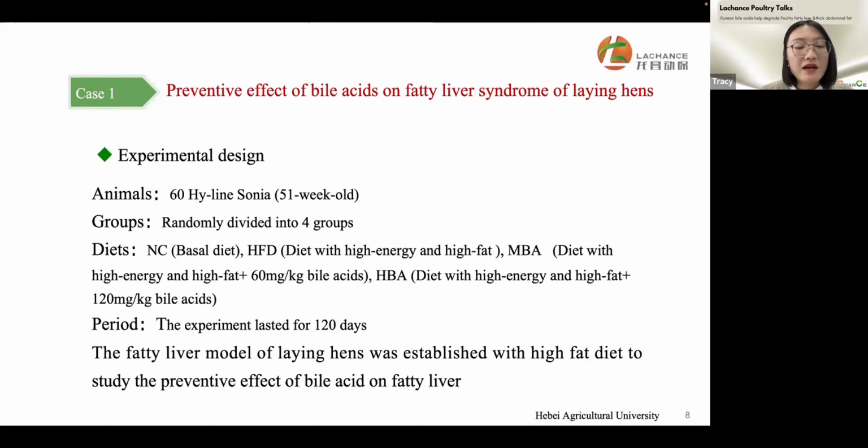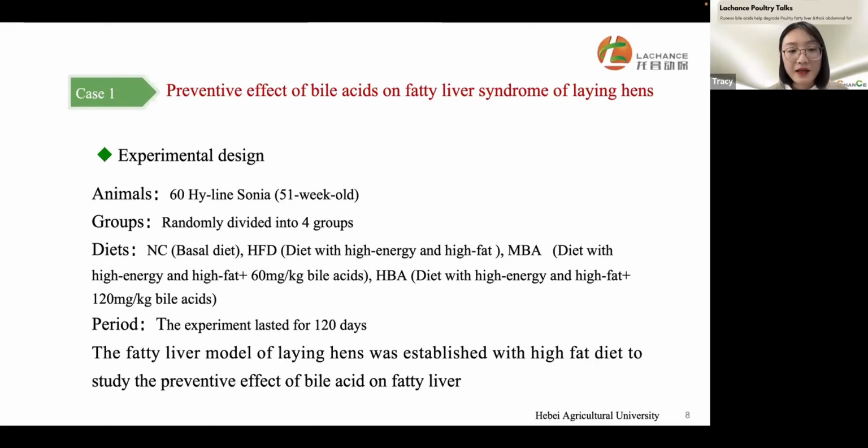The hens in the NC group were fed basal diet, and the hens in the HFD group were fed diet with high energy and high fat. The MBA group was fed the high energy and high fat diet plus 60 milligrams per kilogram bile acids, and the HBA group was fed the high energy and high fat diet plus 120 milligrams per kilogram bile acids.